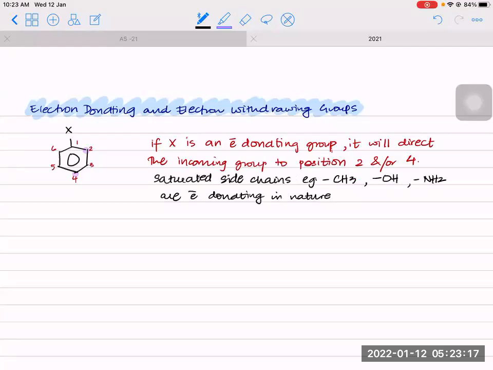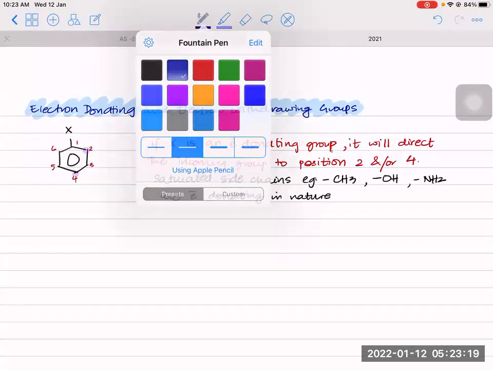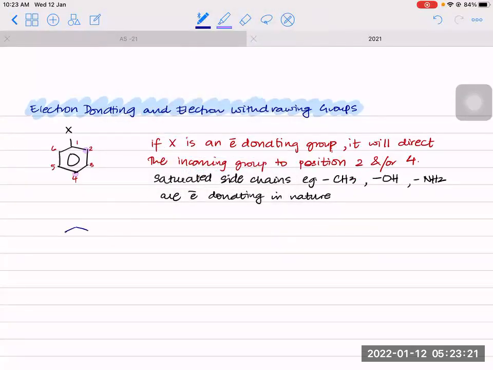Now let's see if you have an electron withdrawing group. So for example, we have a benzene ring here. And let's say the X that we have is electron withdrawing.